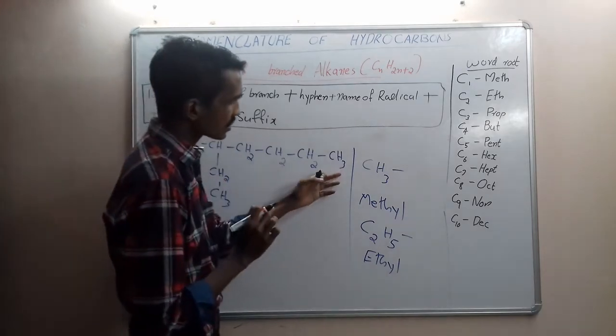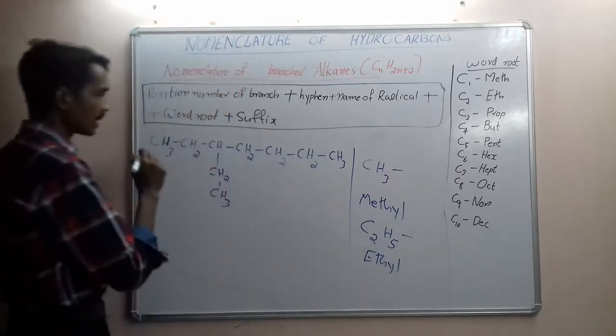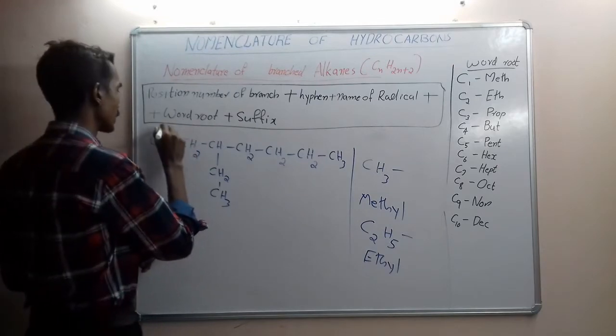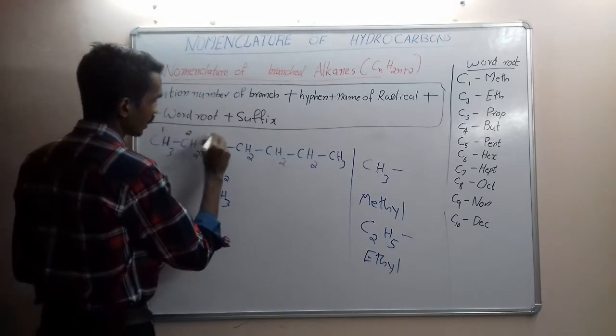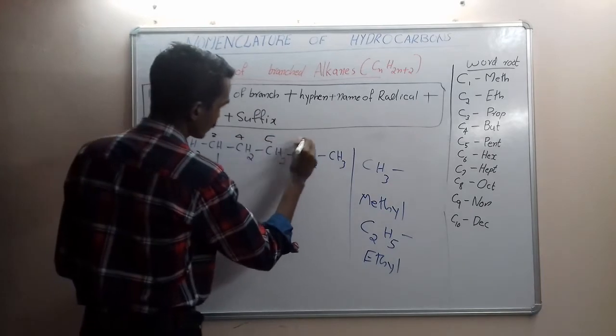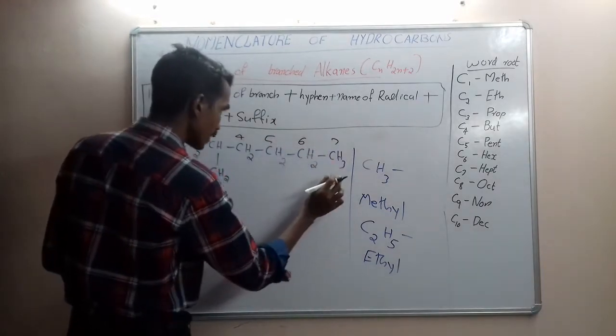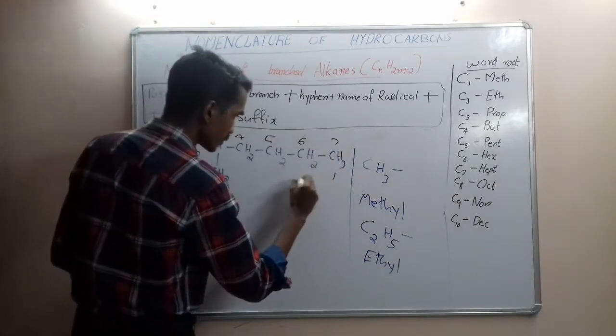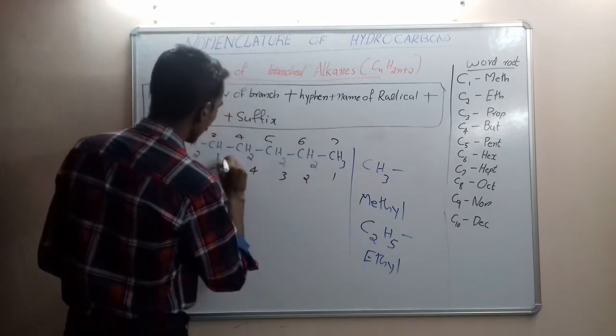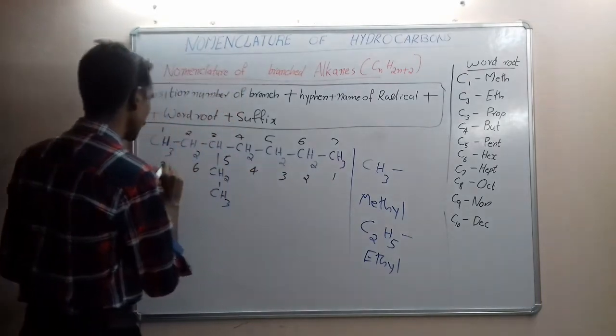To write the name, first we have to count from left to right or right to left. 1, 2, 3, 4, 5, 6, 7. From right to left, 1, 2, 3, 4, 5, 6, 7.